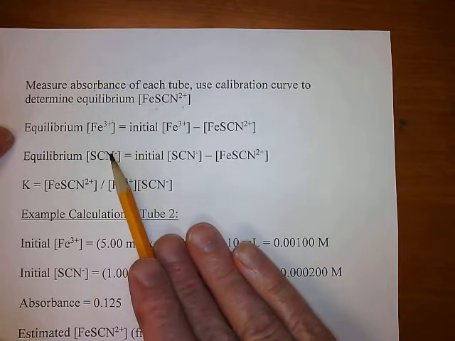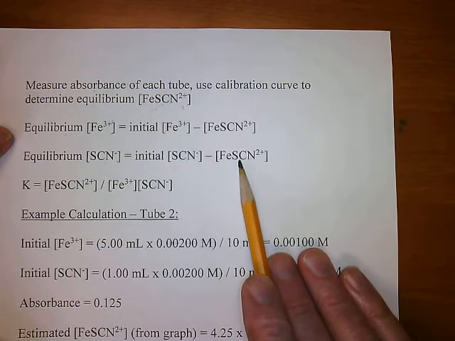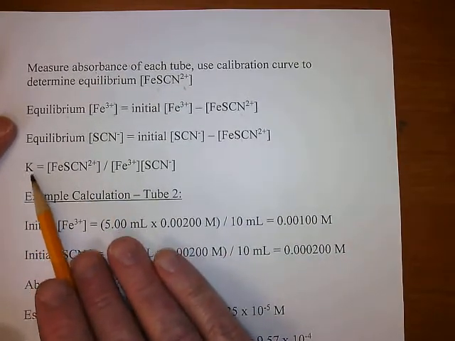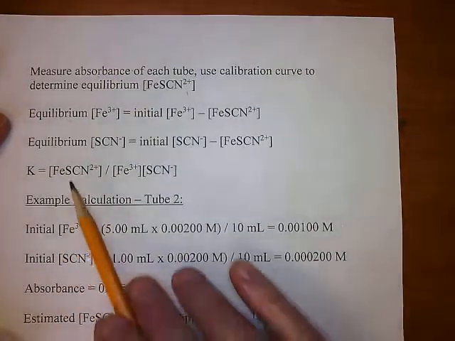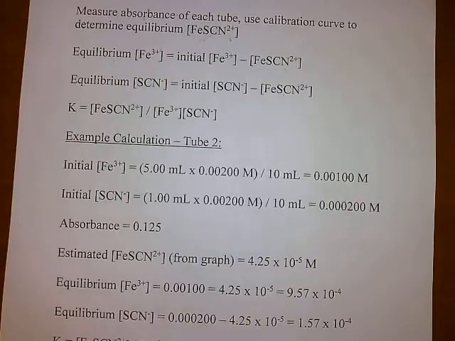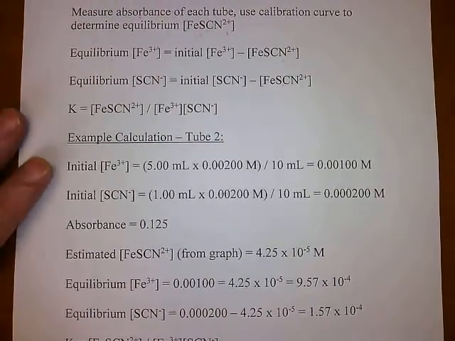Same thing for thiocyanate, initial minus the concentration of the complex, and then we calculate the equilibrium constant as products over the reactants. So let's do a sample calculation, show you how this works out.